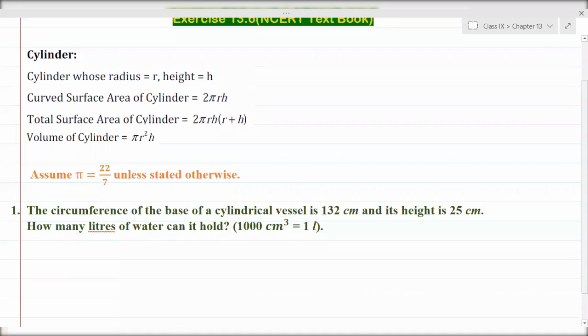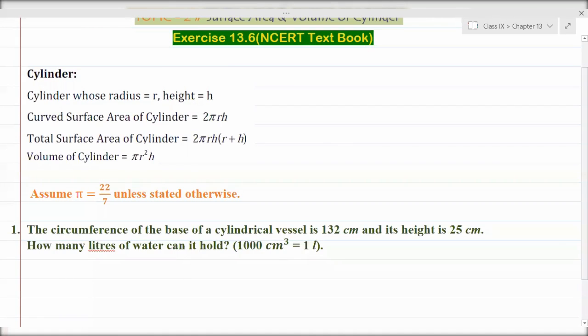The area of the top or the area of the bottom is also called the area of the base. So the area of the base will be equal to the area of a circle, because the base is in the shape of a circle. Remember, if they give you the area of the base, the formula will be pi r square. I will write it down for your convenience. Area of base of cylinder will be equal to pi r square.